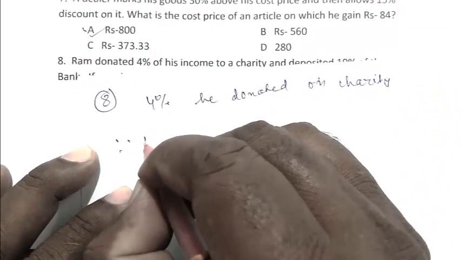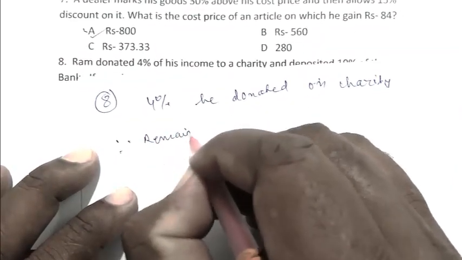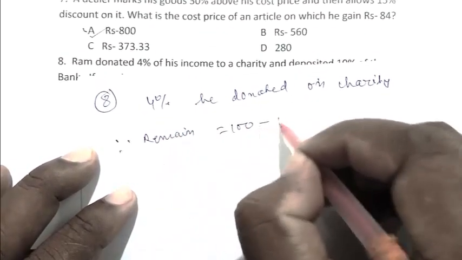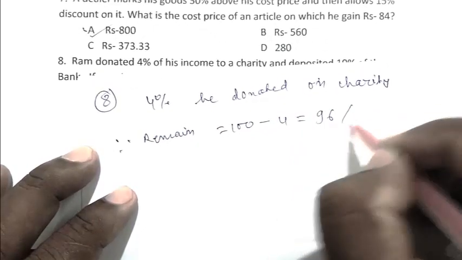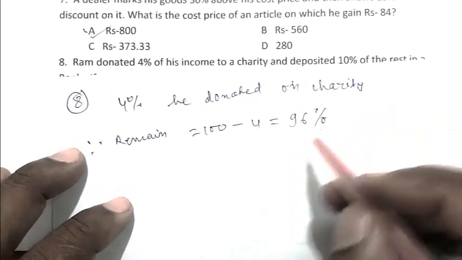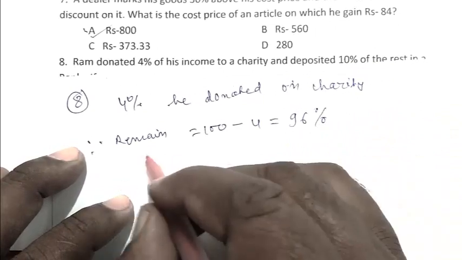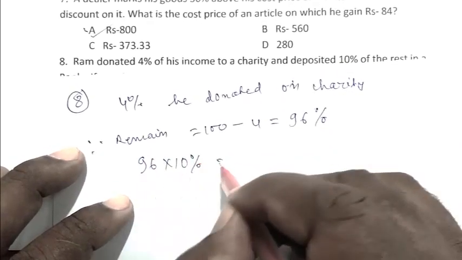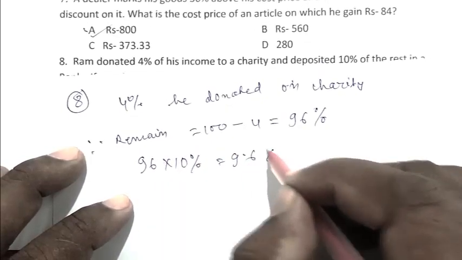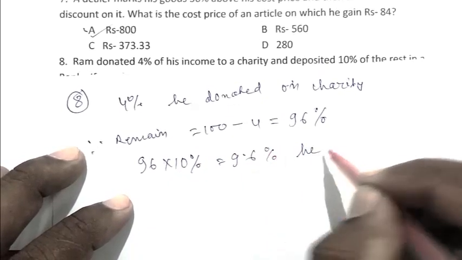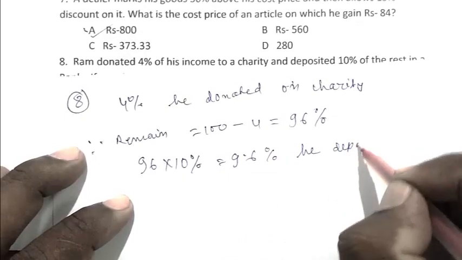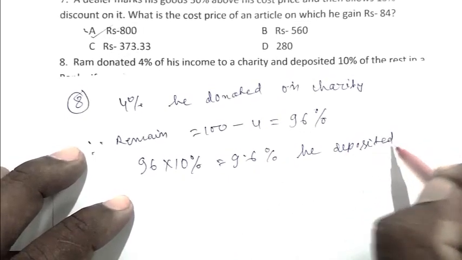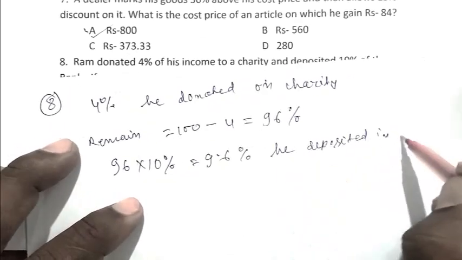Therefore the remainder is 100 minus 4, that is 96%. 10% of that, so 96 into 10%, that is 9.6% he deposited in the bank.